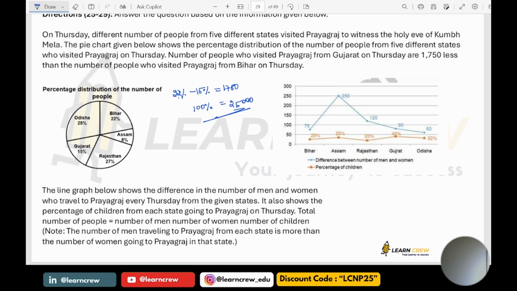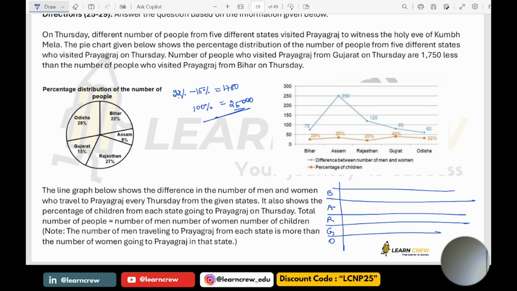Now let us form a table. So one is Bihar, the other is Assam, Rajasthan, Gujarat, and Odisha. Total number of people you can find out here, visiting how much? 22% of 25,000, which is 5,500 from Bihar.